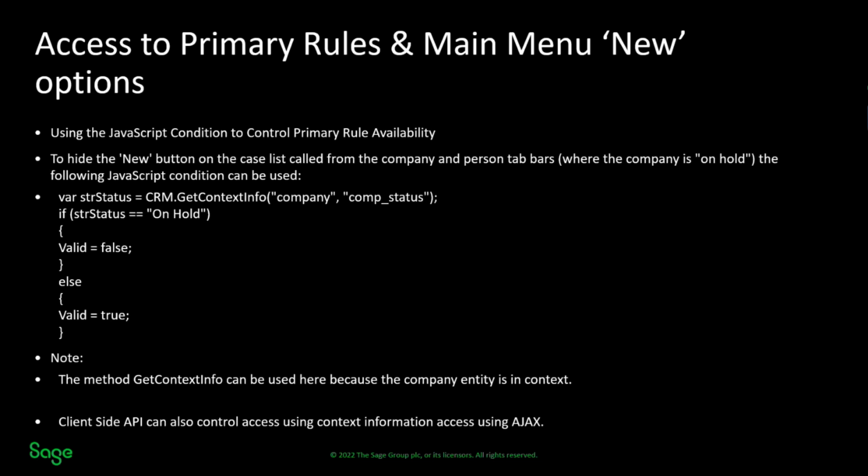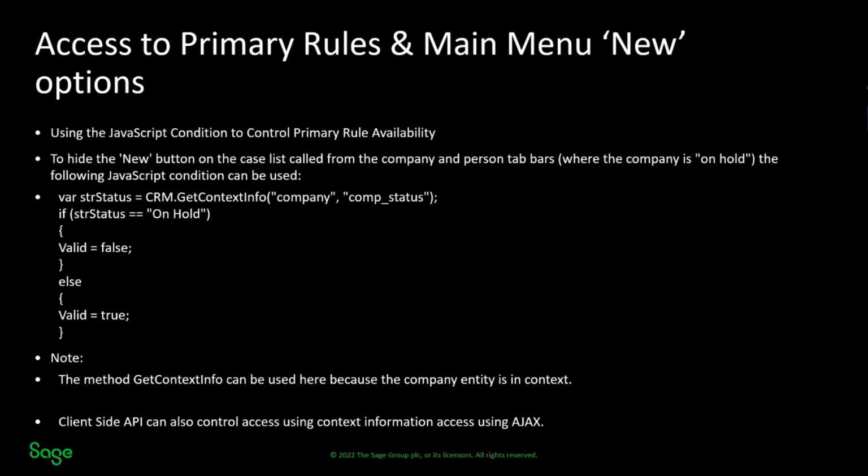So if a company has synchronized with Sage 300, for example, and you have the flag to indicate whether this company is on hold, you will have the ability to decide whether or not in this workflow you want to allow that to happen. So we're able inside the JavaScript condition of the workflow action to use any of the behavior, any of the code context that we were using inside the table level scripts.